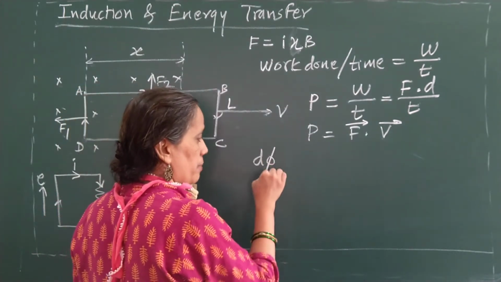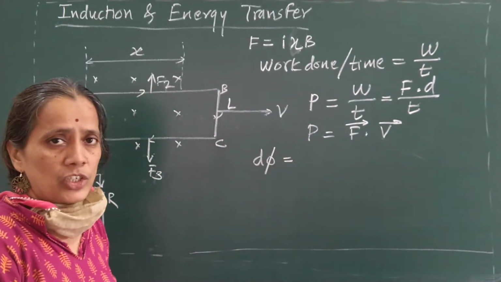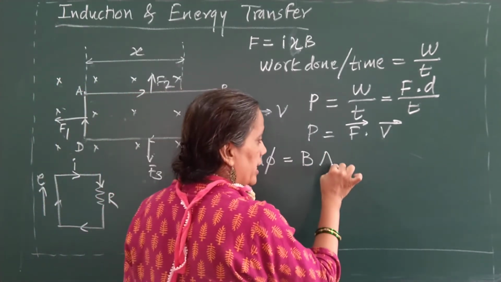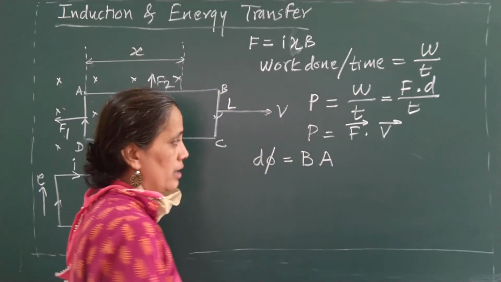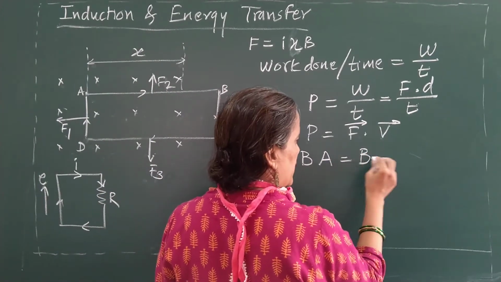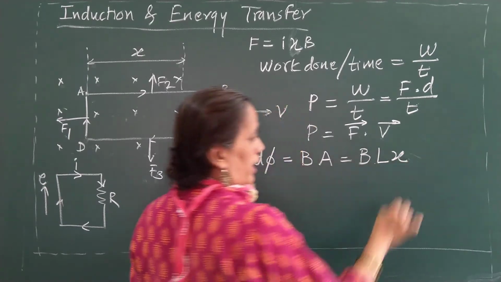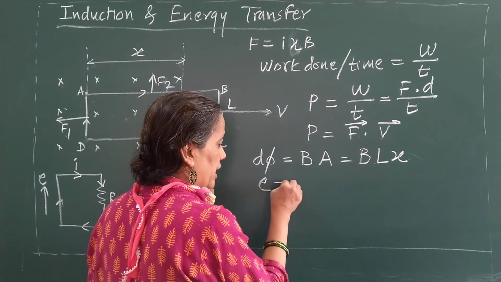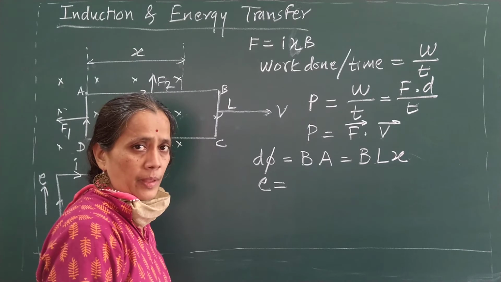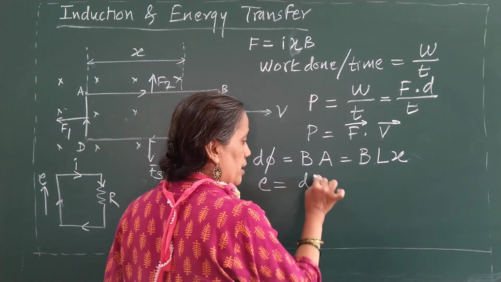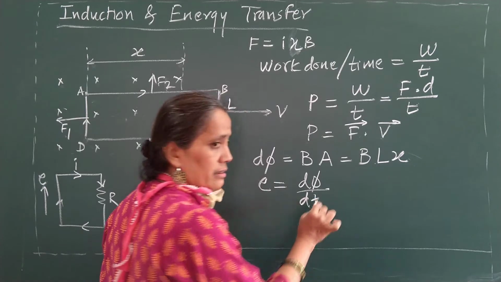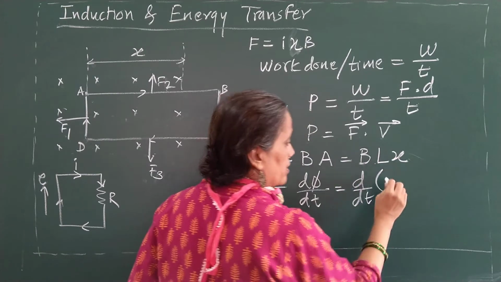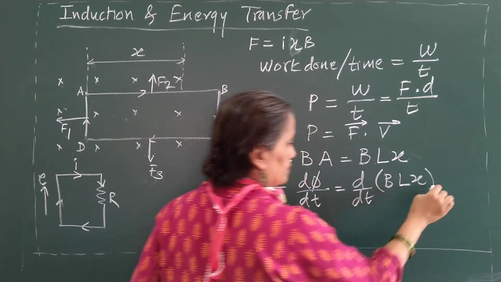Therefore there is a change in magnetic flux, which is the magnetic induction B into the area of that part of the coil, that is B L X. This is nothing but your change in magnetic flux. Due to the change in magnetic flux, EMF will get induced. According to Faraday's law, the magnitude of EMF is E equal to d phi by dt, and phi is B L X.